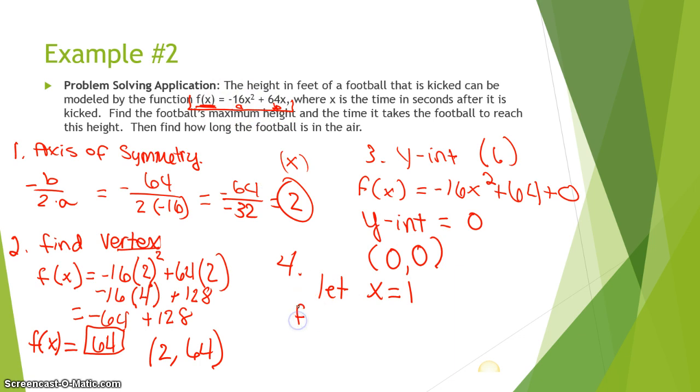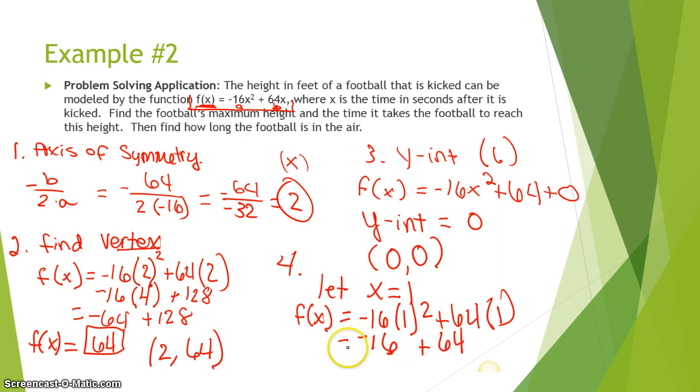So we have f of x equals negative 16 times 1 squared plus 64 times 1. When I simplify that, 1 squared is 1, so negative 16 times 1 is negative 16, plus 64 times 1 is 64. So my answer is going to be negative 16 plus 64 is 48. So another point that will fall on this is going to be 1, 48.